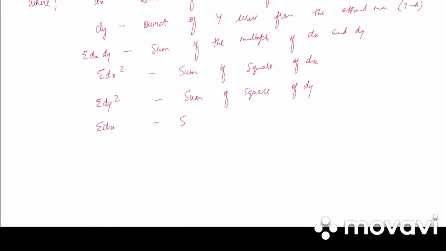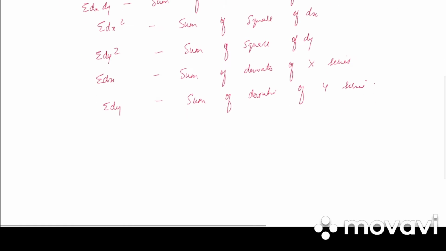Summation dx, sum of deviation of x series. Summation dy, sum of deviation of y series. n is total number of items.